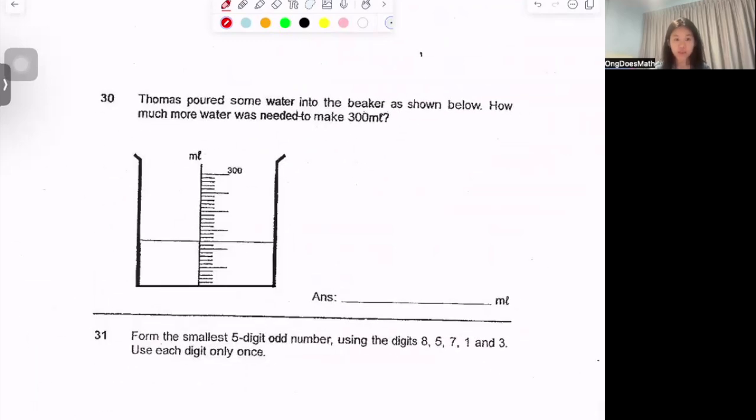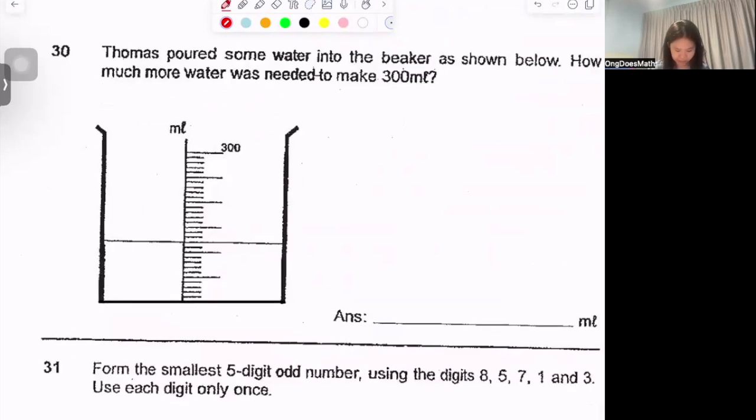Thomas poured some water into the beaker below, as shown below. How much more water was needed to make 300 ml? So before we can do that, we have to find out one gap equals how many ml. So if you were to count how many gaps there are from here all the way to here, let's count.